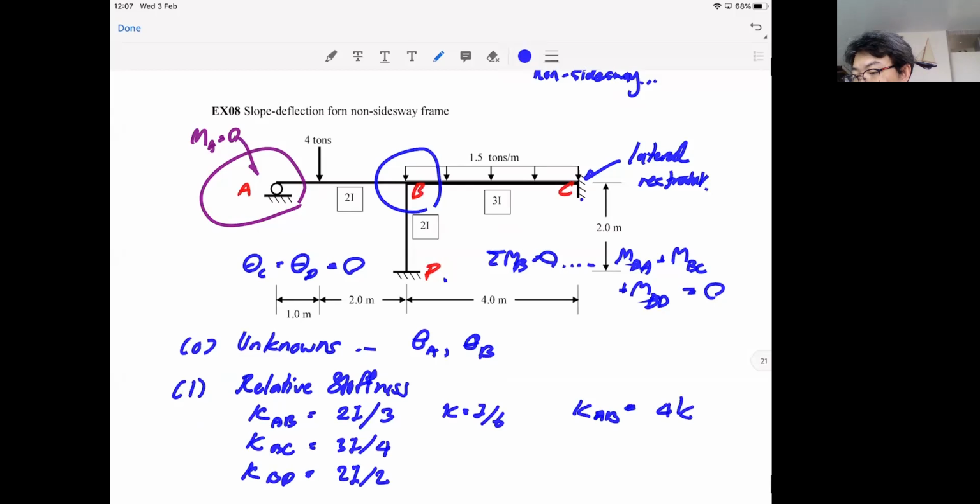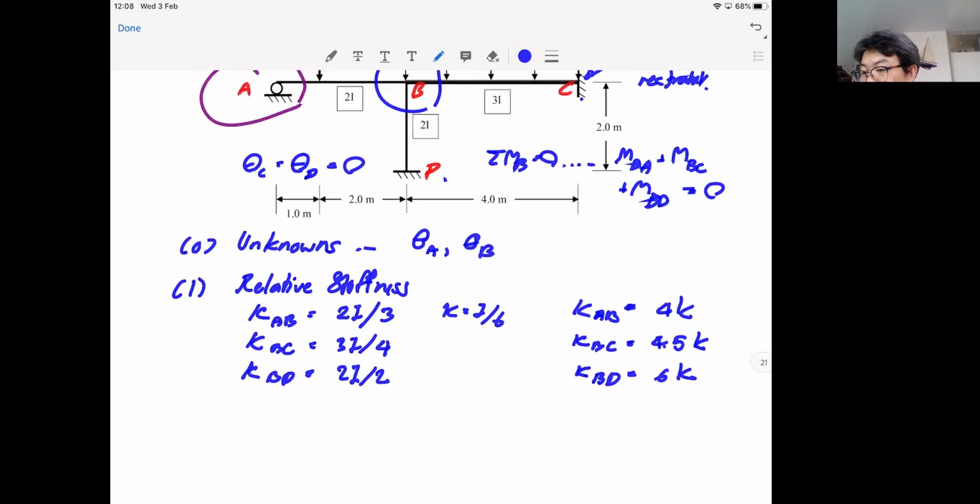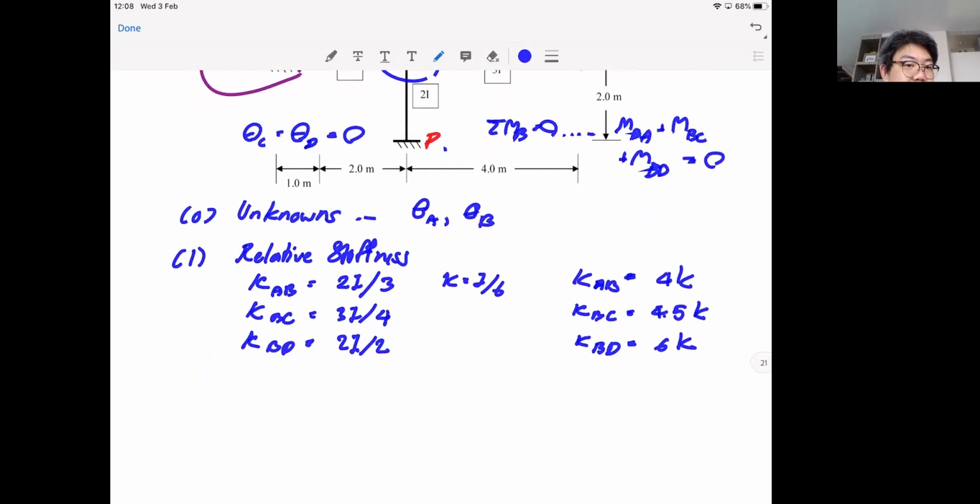This multiplied by 6 becomes 4.5K. This multiplied by 6 becomes just 6. And now it's a bit tricky for the fixed moment because we have so many loads, so we've got to do some calculation.